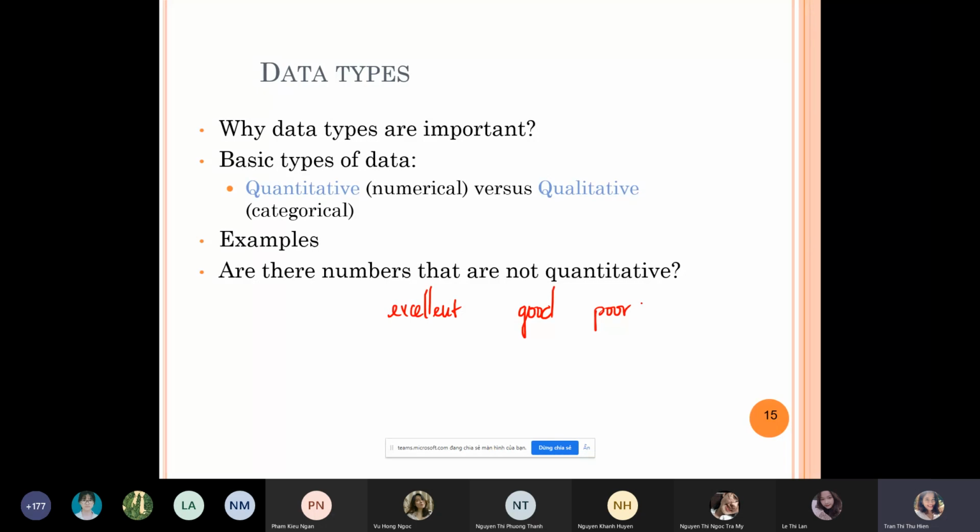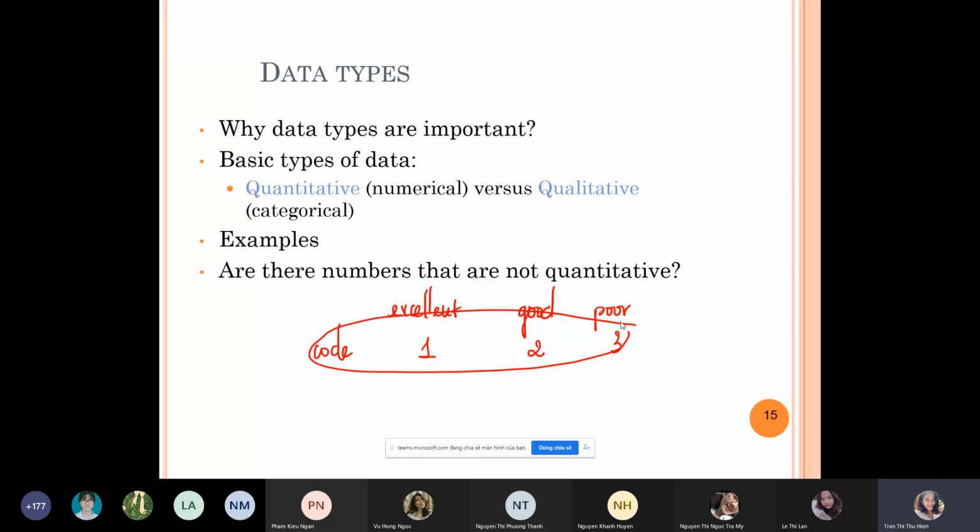We may use a numeric code, by letting one denote excellent, two denote good, and three denote poor. So when you look at the data set, it is 1, 2, 3, 3, 2, 1, for example. In this case, the numeric values 1, 2, 3 identify the categories of quality.